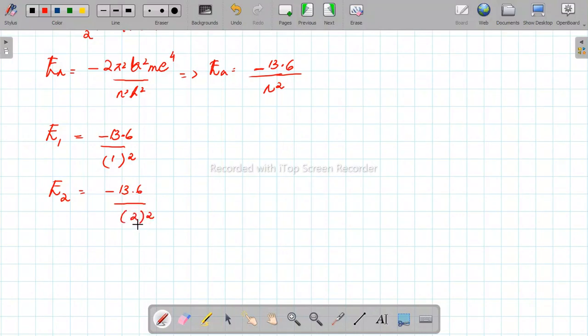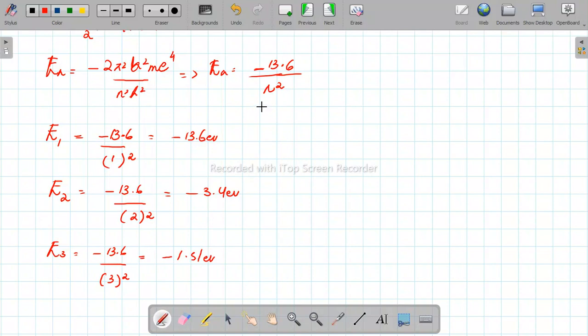Keep in mind that the final answer here is in electron volts. So here we get minus 13.6 electron volt. Simplify and you'll get minus 3.4 electron volts. Likewise, E3 is minus 13.6 over 3 square, and this becomes minus 1.51 electron volt and so on.